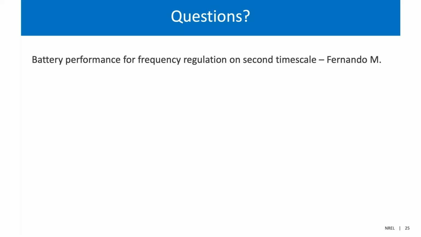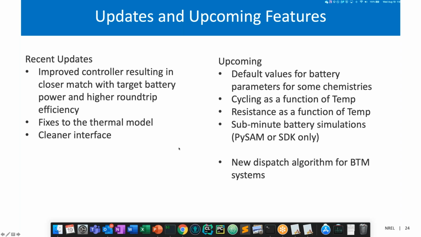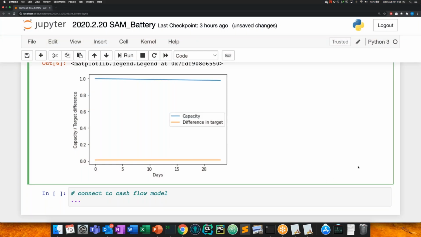Thanks, Teresa. I don't see any questions about this particular example, but there was a question about the thermal parameters, which is the heat transfer coefficient. There's a default value of 20, H equals 20. The question is whether that is for a glycol cooling solution like the one in our Tesla battery.